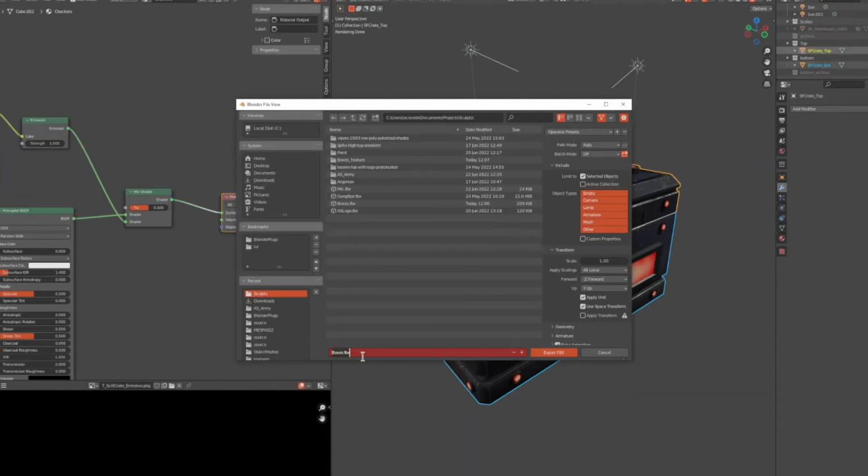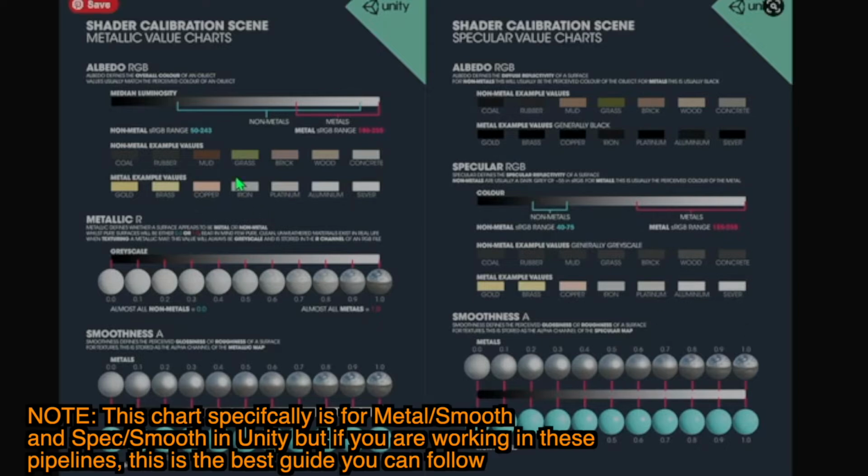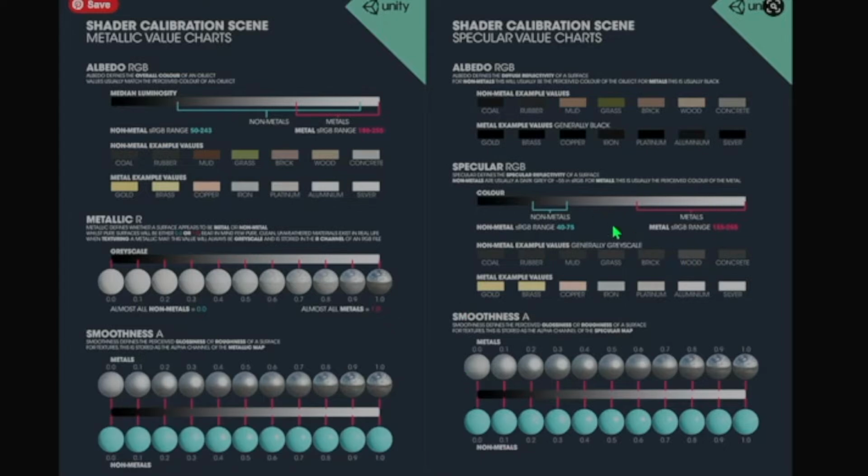So real quick, we're gonna take a look at these PBR charts. This one's for Unity. As you can see, there's specific ranges that are highlighted here for different kinds of materials. These areas here are for metals, and over here would already be non-metal, right?